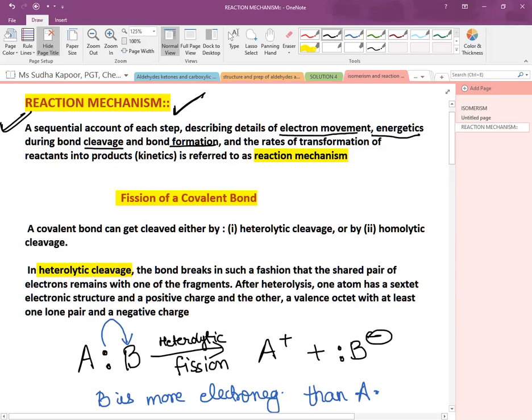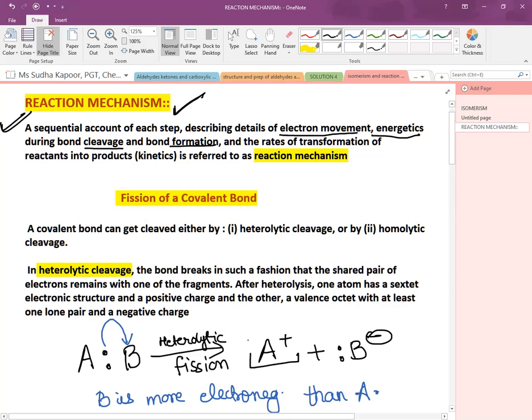This fragment must be highly electronegative in nature, so it will take away the bond pair, and the other one will become electron deficient. The one from which the bond has been taken now exists with a sextet electronic structure.